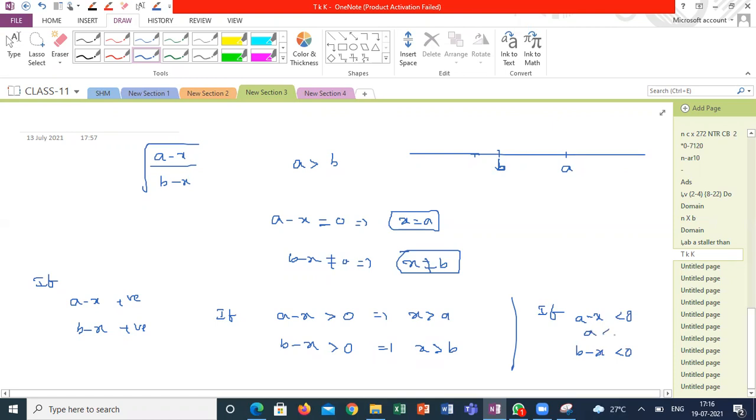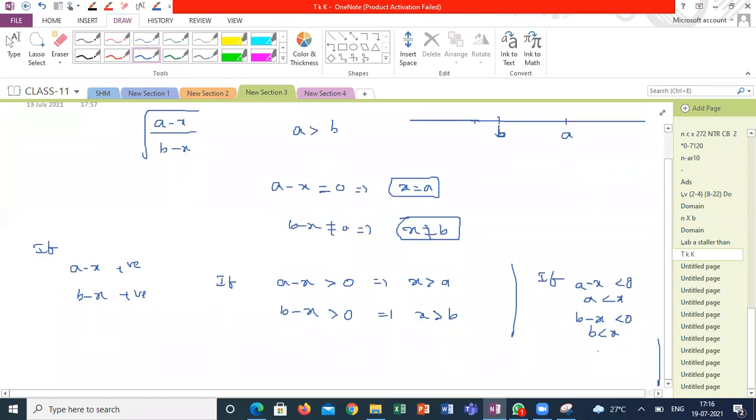That means A is less than X, and B is also less than X. So finally X must be less than B to be positive, and X must be greater than A to make both negative.